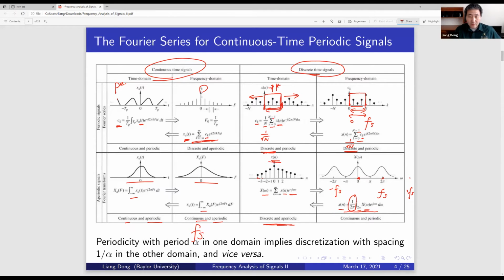This 1 over alpha, so that's 1 over Fs in my example, is exactly the sampling period. So indeed, the step size in the other domain of discretization, that's 1 over alpha, 1 over Fs, that's the sampling period.